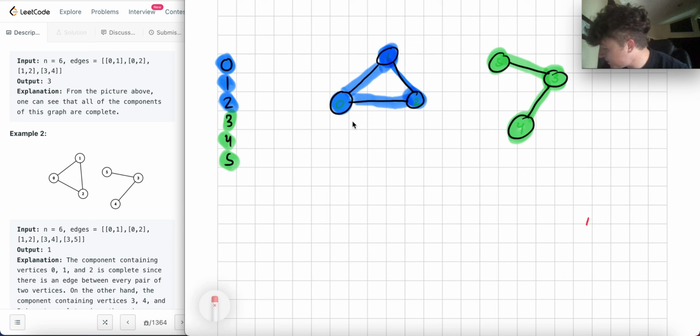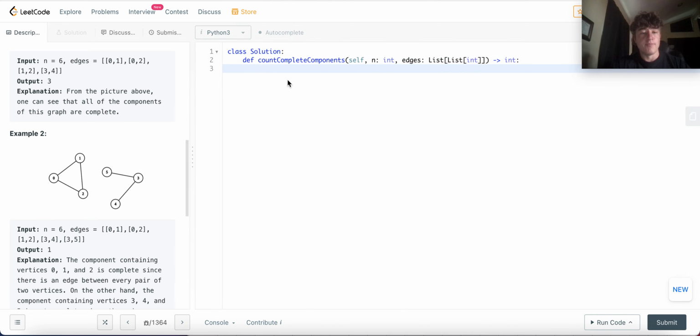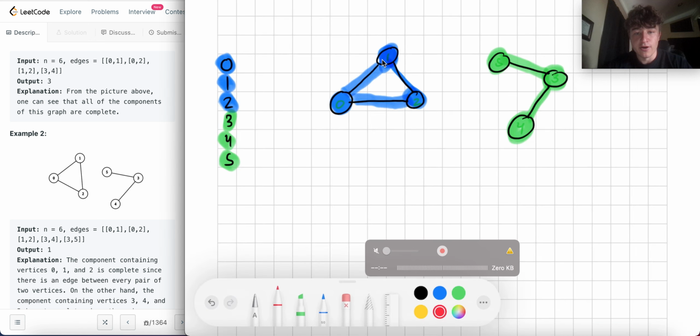So what I'm trying to do basically is, I'm going to have a node U and a color that I'm going to color it.